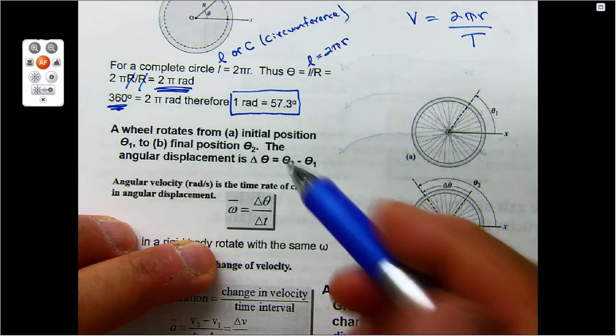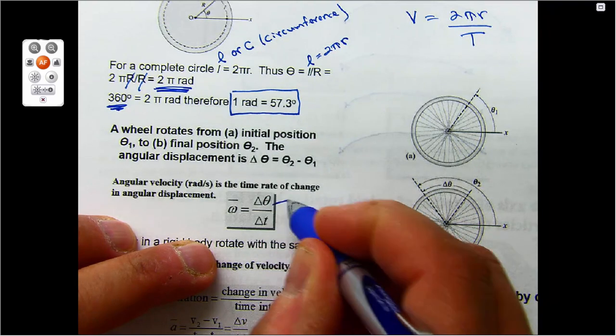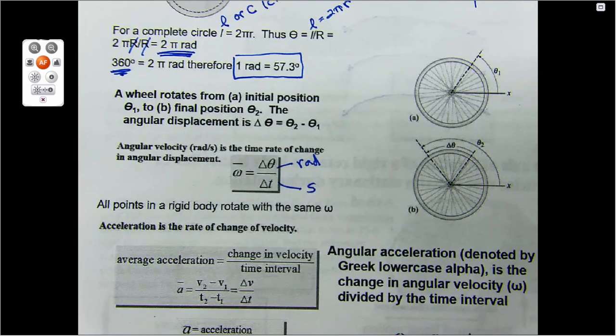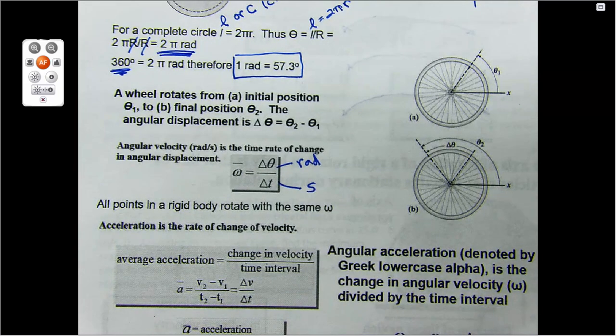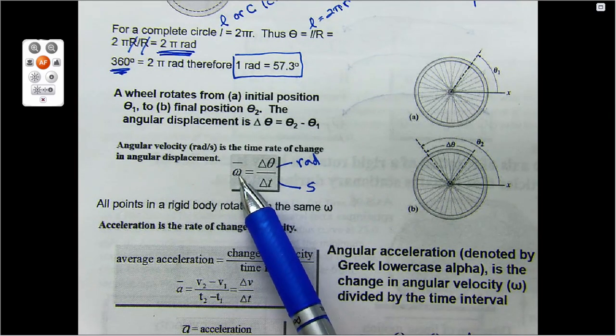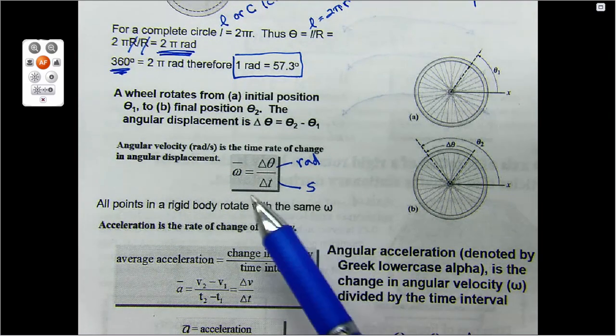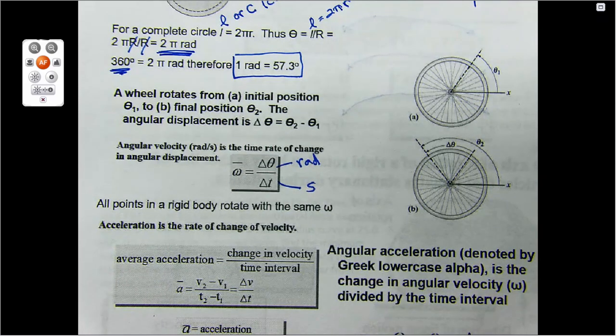That change in theta is going to be in rotational velocity in radians per second. That is linear velocity. This is angular velocity.